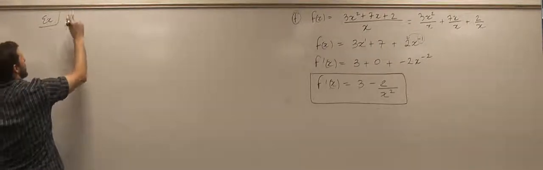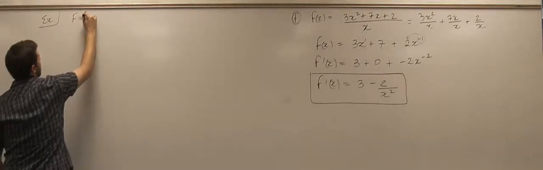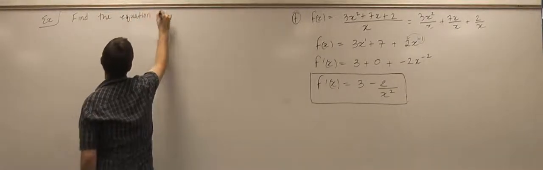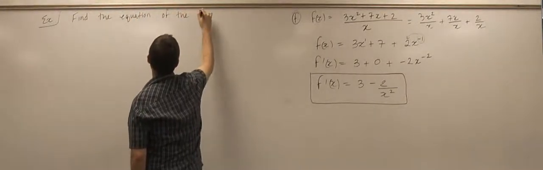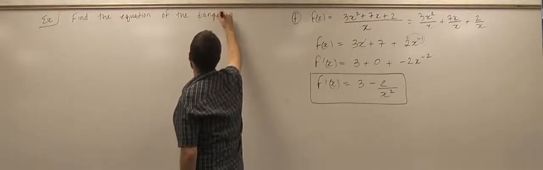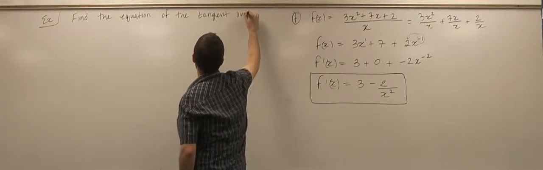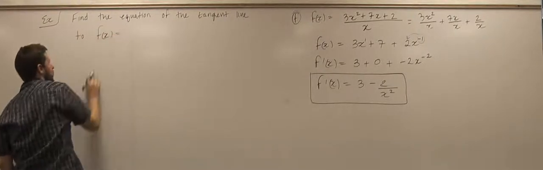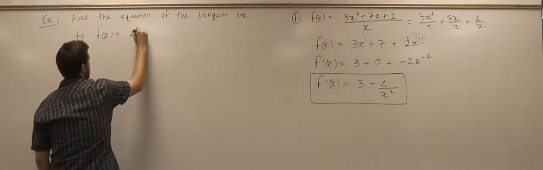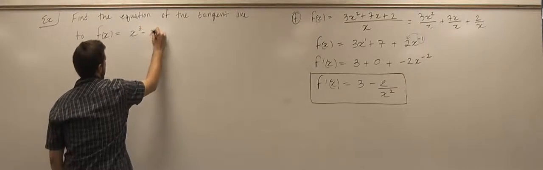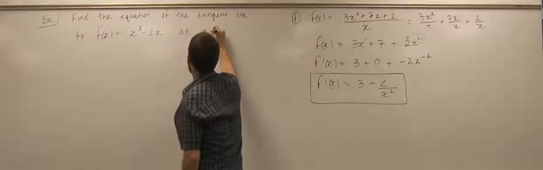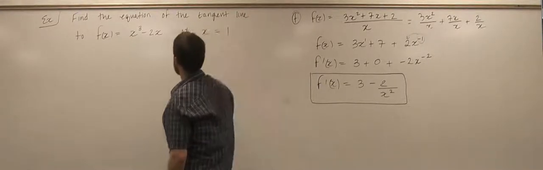So here's what I want to do. I'll find the equation of the tangent line. F of x equals x cubed minus 2x at x equals 1.